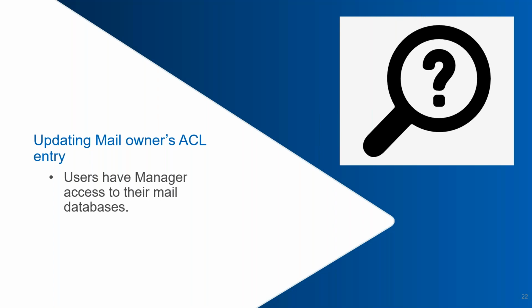So back in, for example, release 3 of Notes, the user by default had manager access to everybody's mail file. Now, as you know, the manager level of access is special. It allows you to do some very advanced, high-level features, like updating the access control list. It also allows the user to delete their mail database.